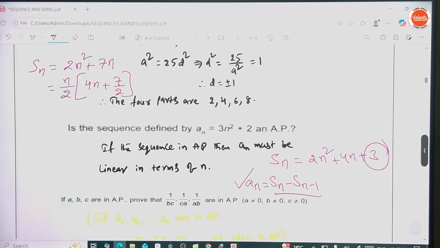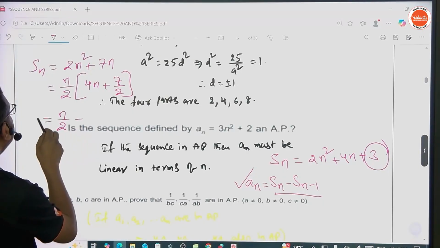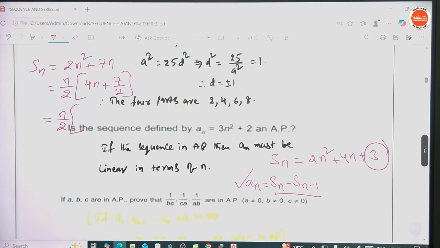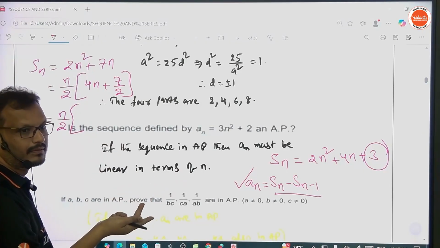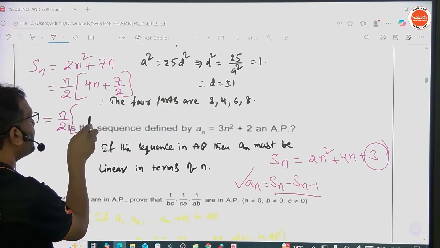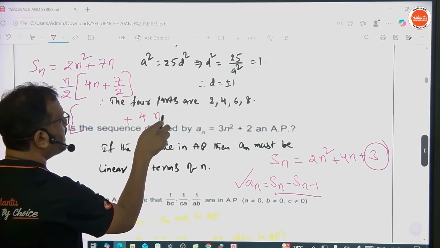Next, n by 2 into 2a plus (n minus 1) into d. So here n minus 1 must be there. So let's see here, 4 into (n minus 1), let's take.